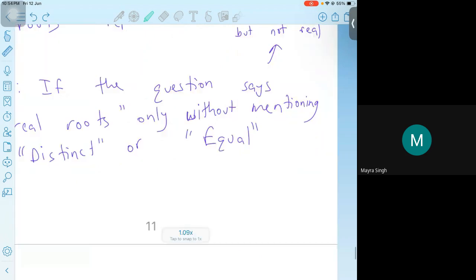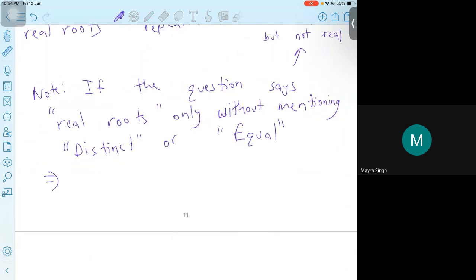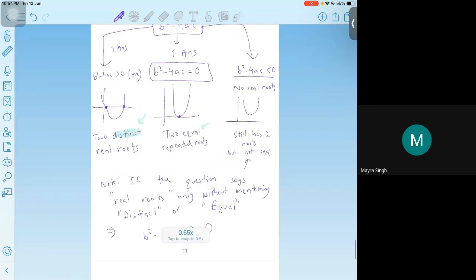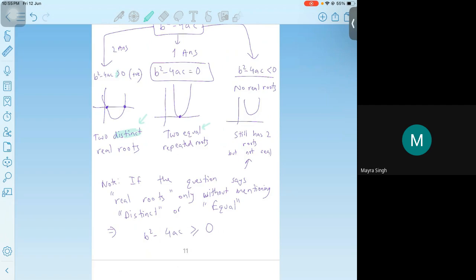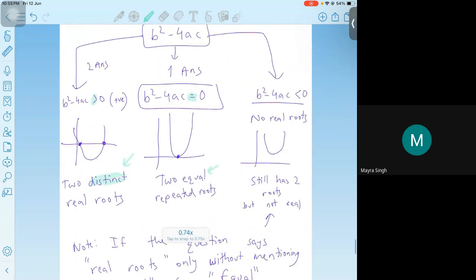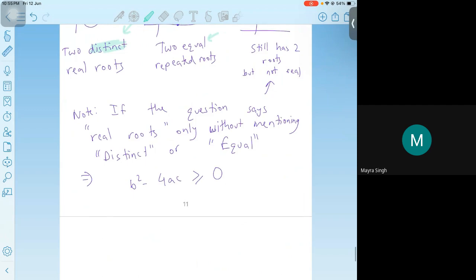In this case, what you should be doing is using b squared minus 4ac is greater than or equal to 0. If you can recall, this is greater than, this is equal to, we are merging them together and writing greater than or equal to 0. This is only for the scenario where the only thing written in the question is real roots without mentioning whether it's distinct or equal or anything else.